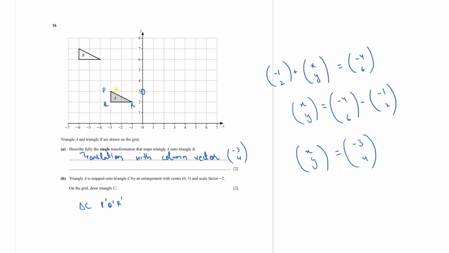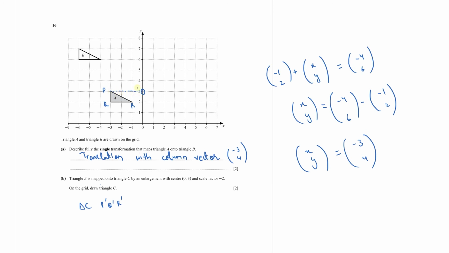One method is you can join each point. Let's start with P, and join it with the center of enlargement. Since the scale factor is negative and the enlargement factor is 2, you will increase the length by 2. So this is 1, 2, 3.